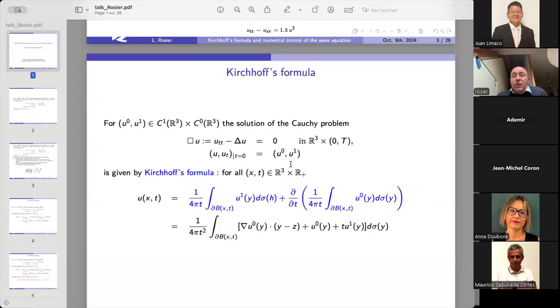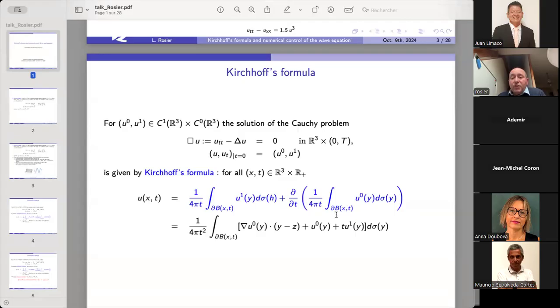The solution to this wave equation is given by the sum of two terms. One term is a sort of mean of u1, the initial velocity, over a sphere. And the second term is a derivative in time of the sort of means of u0, the initial value of the function. So you have the sum of two terms.